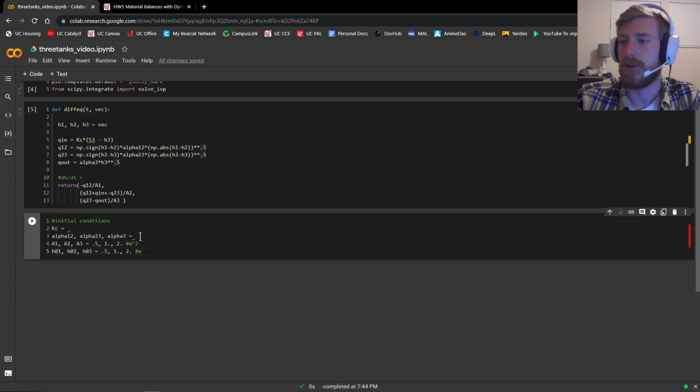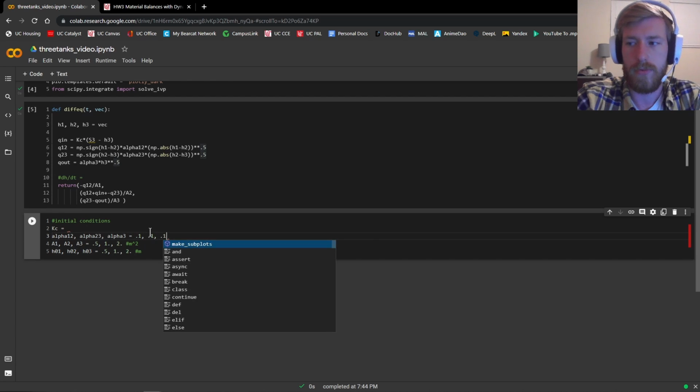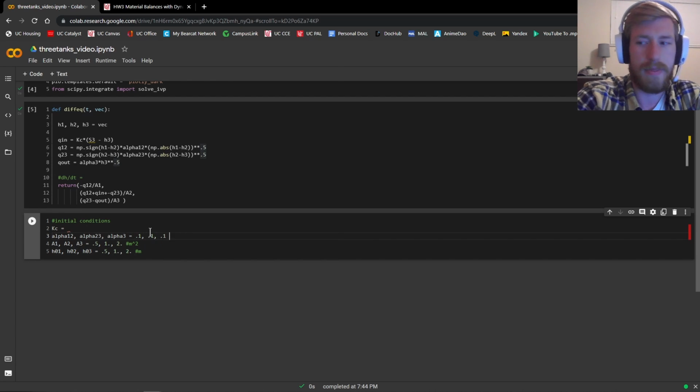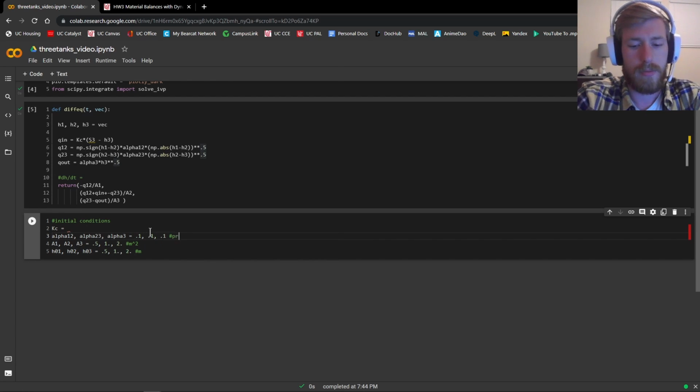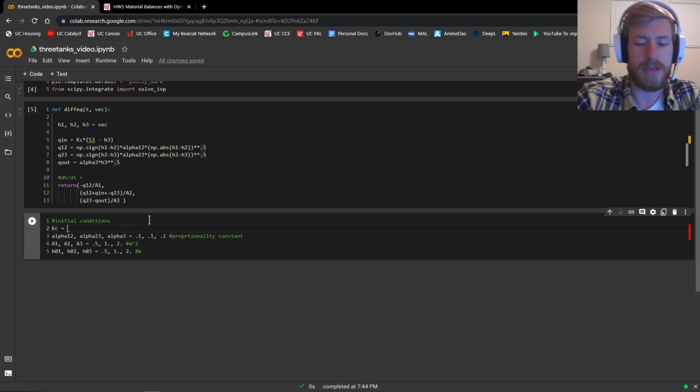So all three of those are 0.1. So 0.1, comma, 0.1, comma, 0.1. And that's just going to be proportionality constant. Let's write that in there. Constant, right there. And our KC, our control valve constant right there is going to be also 0.1. So KC is also going to be equal to 0.1.